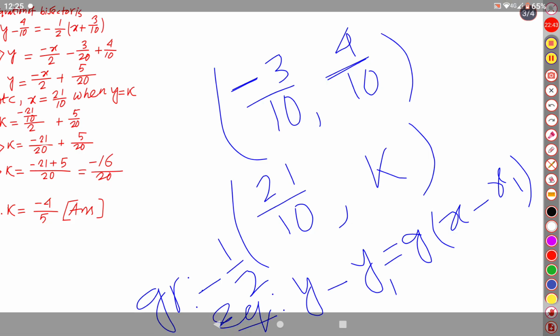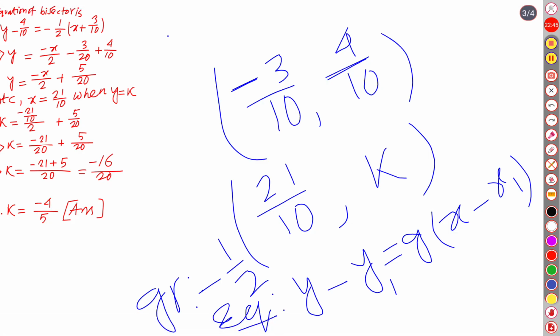So we have written here the equation of the bisector. We have chosen any one of these coordinates; suppose we have chosen this one. The y coordinate is 4 over 10.